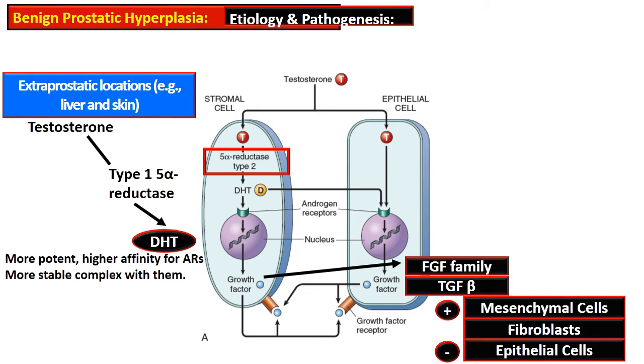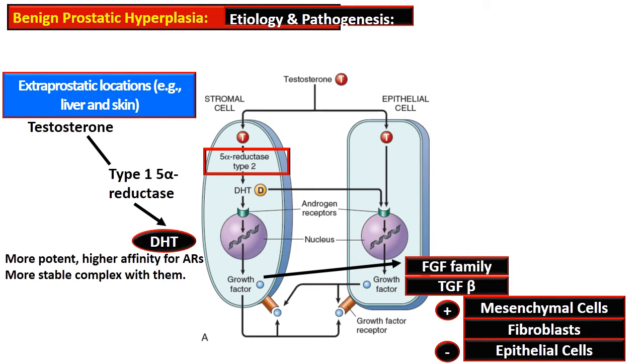and this pathway works well during the embryonic phase of life. It is postulated that this pathway is reactivated in the adult phase or late life, which leads to the growth of the prostate, resulting in benign prostatic hyperplasia.